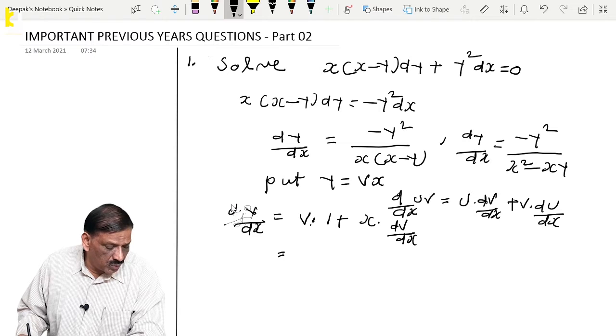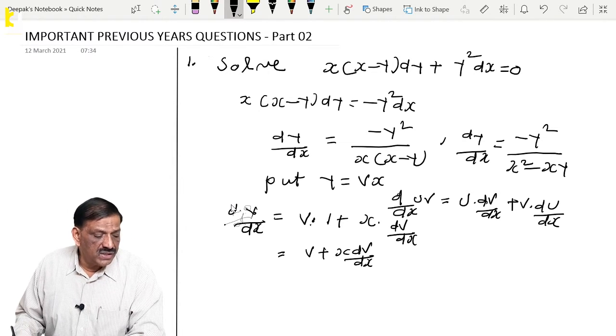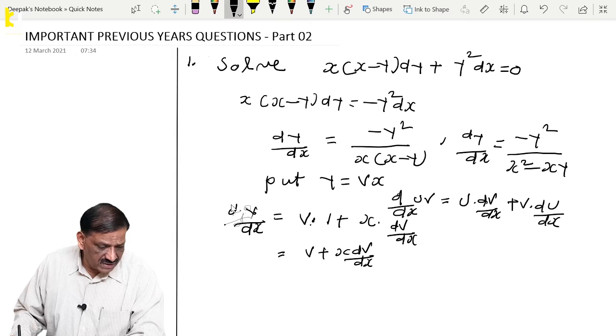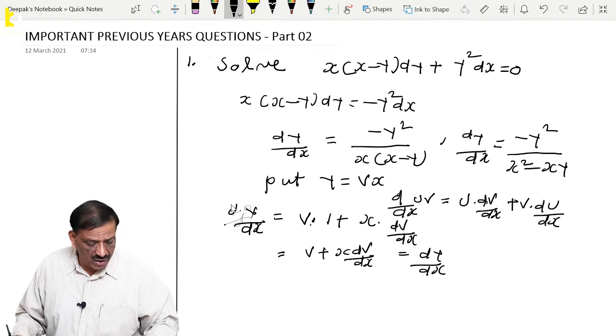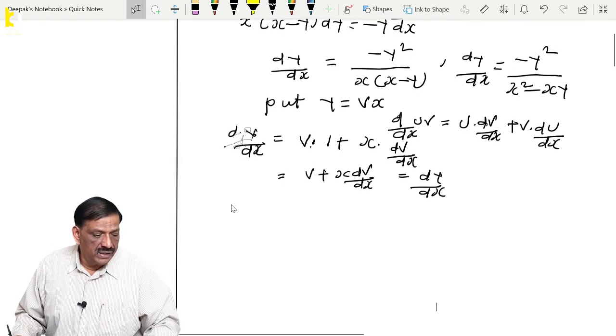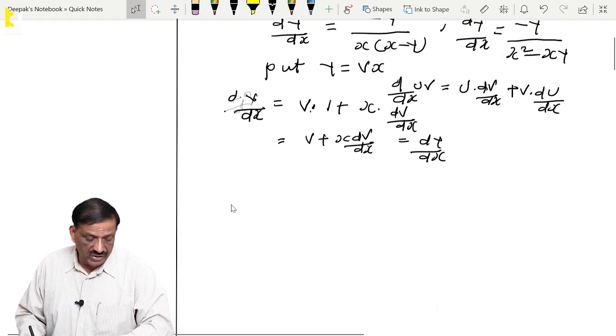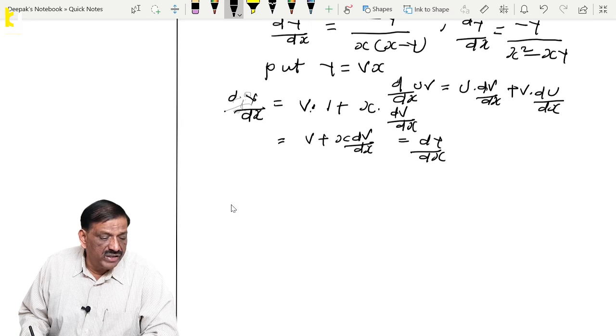So dy by dx is equal to v plus x dv by dx. Therefore, we can substitute the value of dy by dx in the above equation.